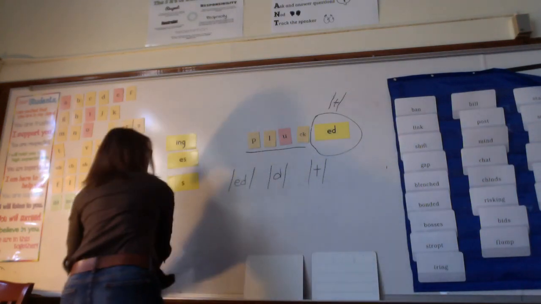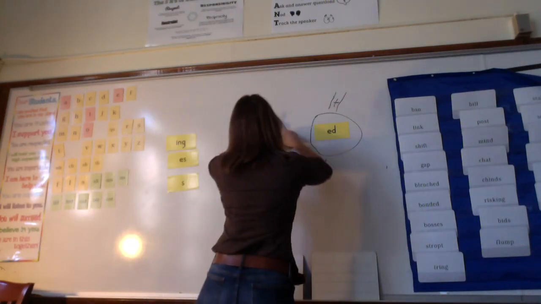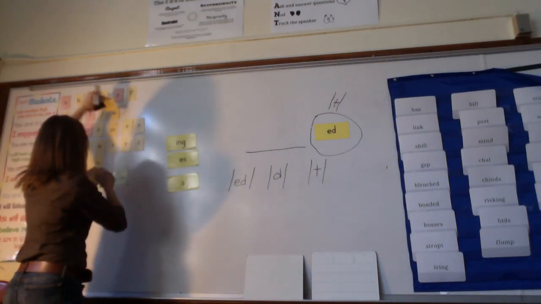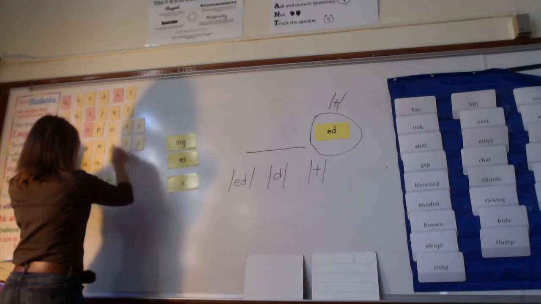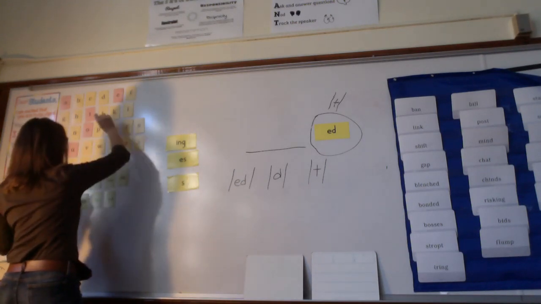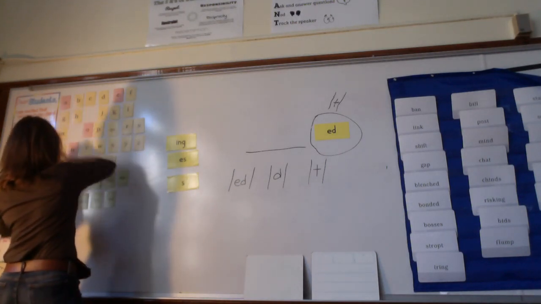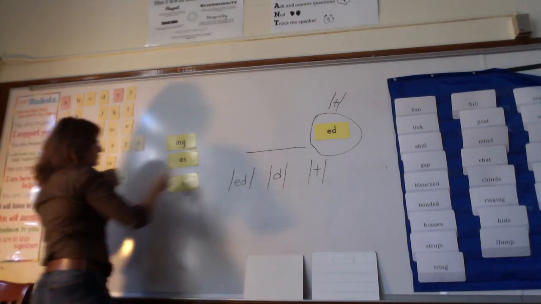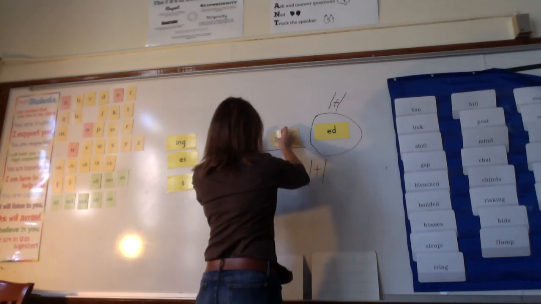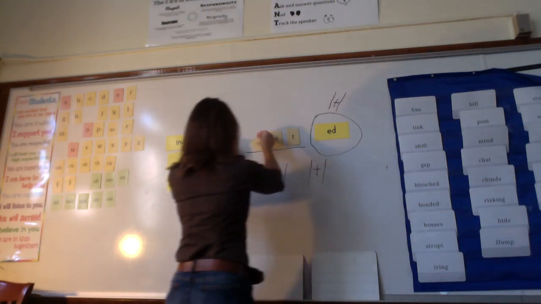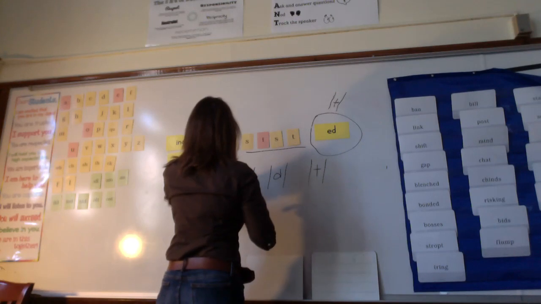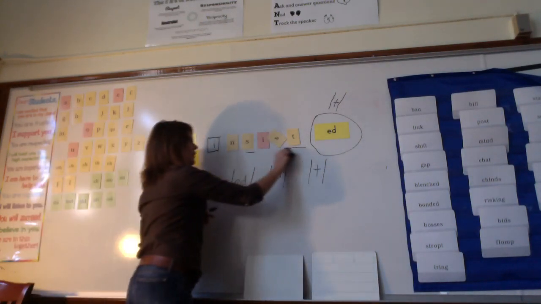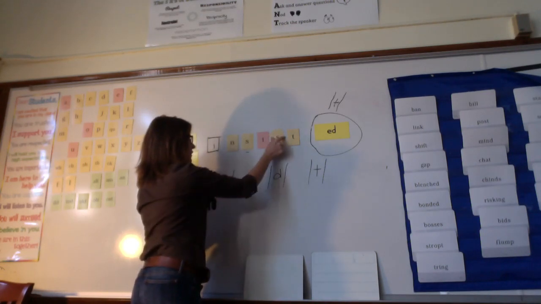Okay, so what if I change it to insist. I'm going to draw the first letter because I don't have two of these. So this is actually a two-syllable word. So it has two vowels.